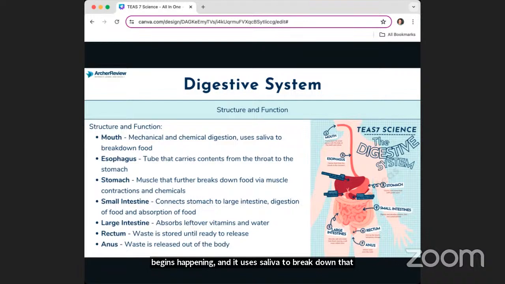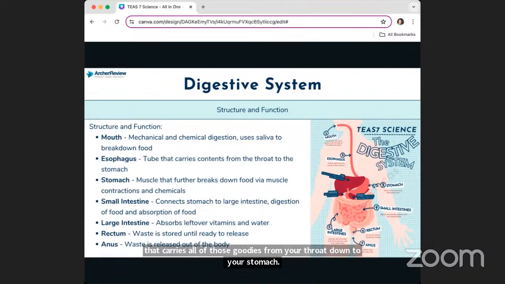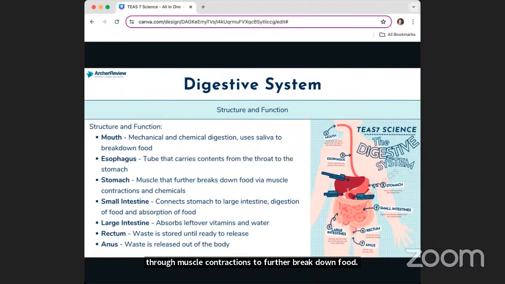That food goes through a tube called the esophagus that carries it from your throat down to your stomach. Your stomach is one big muscle, and it goes through muscle contractions to further break down food. Once your stomach has done its job, it passes it off to the small intestine.